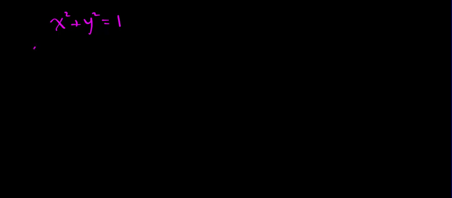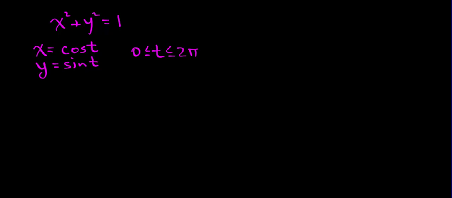We said we could let x be cosine of t and y be sine of t. If we want the entire circle, we could let t go between 0 and 2 pi. So there we have the entire circle, and we have defined that circle parametrically. That's what we've done so far.